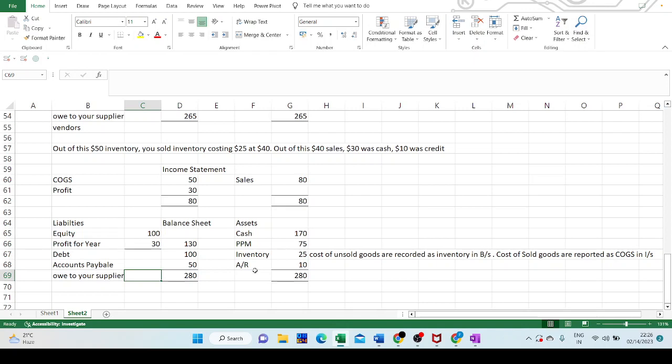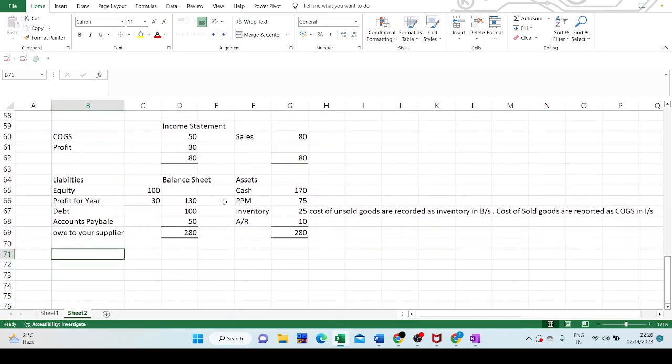Now the last transaction that we will understand is total salary for the year is $10, right?